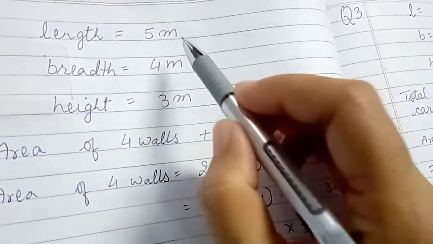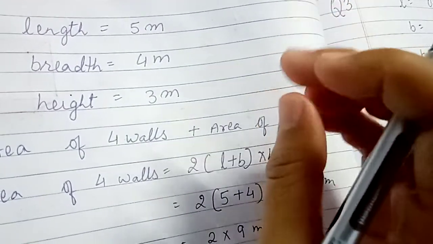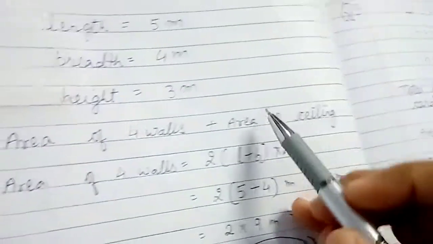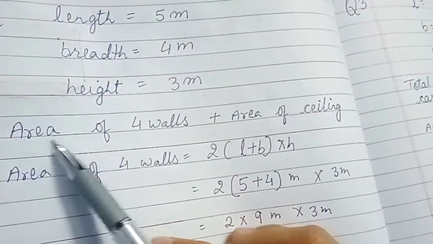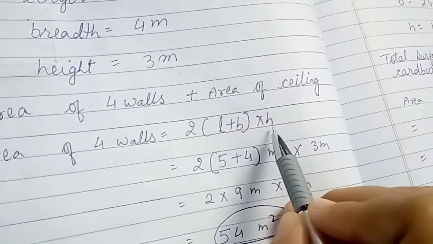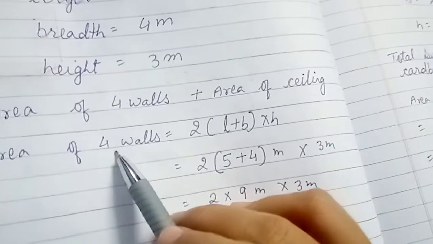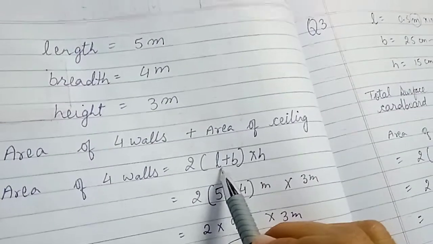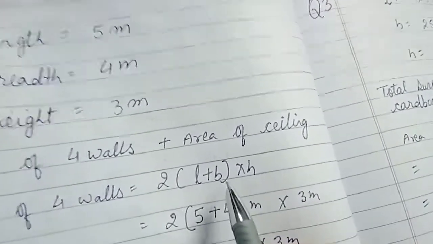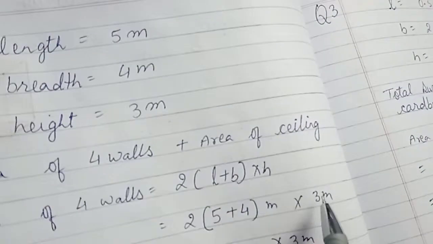It's good that you don't have to think about converting all the dimensions into one unit, they are already in the same unit. So first you will find area of 4 walls using this formula, 2 into (L plus B) into H, lateral surface area, isn't it? 4 walls, L is given, B is also given, L is 5 meter, B is 4 meter, and H is 3 meter.